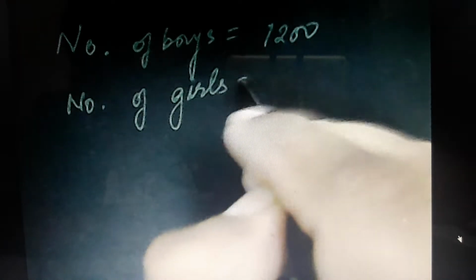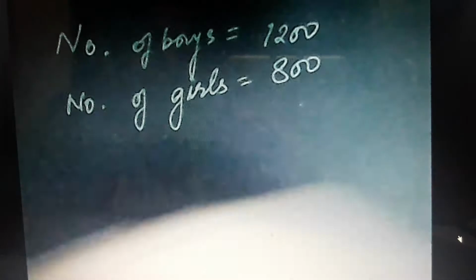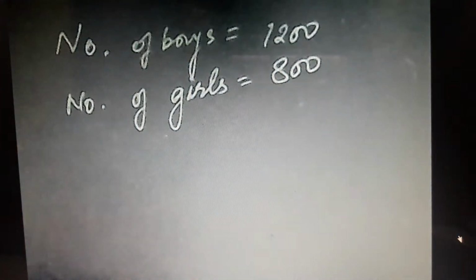Number of boys is 1200, and the number of girls in the school is 800, right?